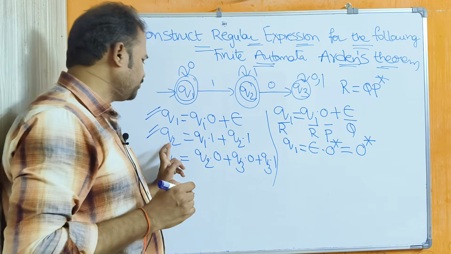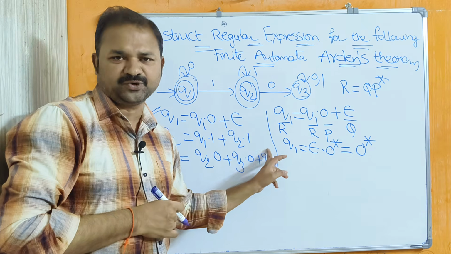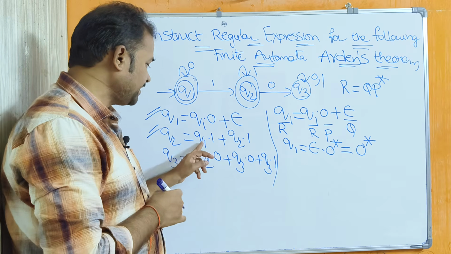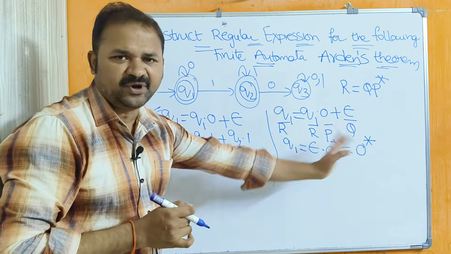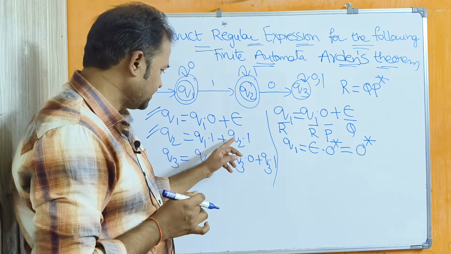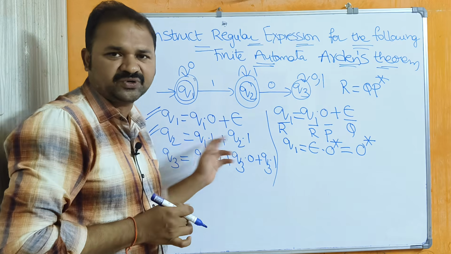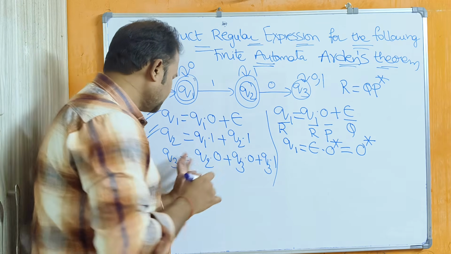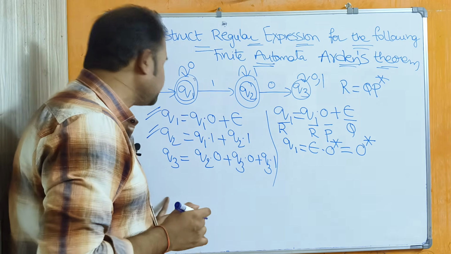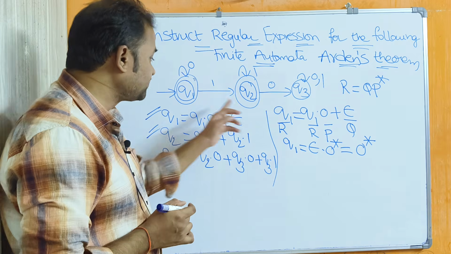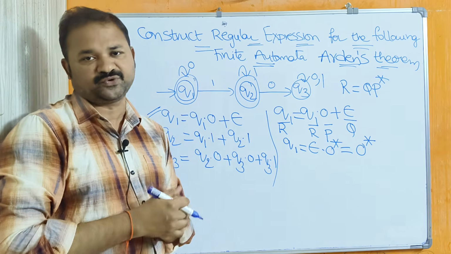Now let us simplify Q2. Directly we can simplify Q2. Why? Because here the Q2 formula is Q1 dot 1, and already we know the Q1 regular expression, plus Q2 dot 1. In this problem there is no need to simplify Q3. Why? Because here the final states are only Q1 and Q2.